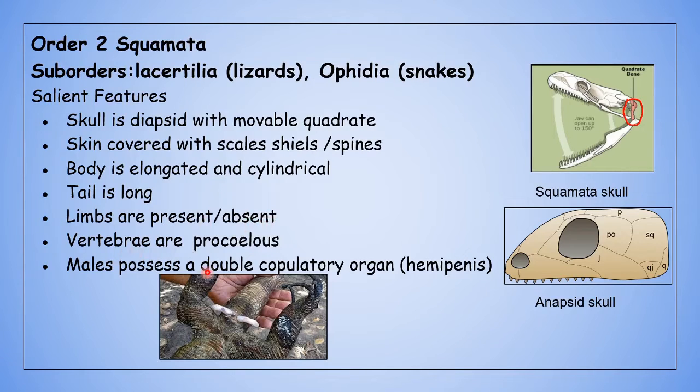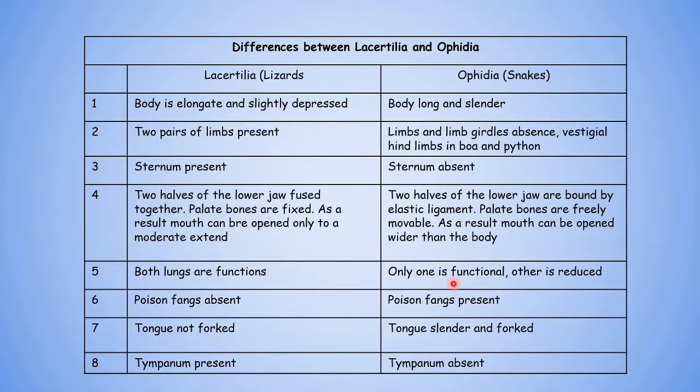The vertebrae are procoelous, and the males possess a double copulatory organ which is called hemipenis, as shown here. So both in lizards as well as snakes, the males have two, or paired, copulatory organs, and that paired copulatory organ is called the hemipenis. That is also a feature of this particular group which is called the Squamata.